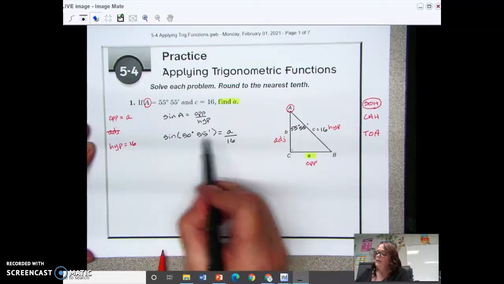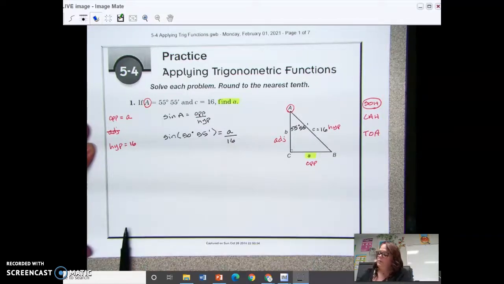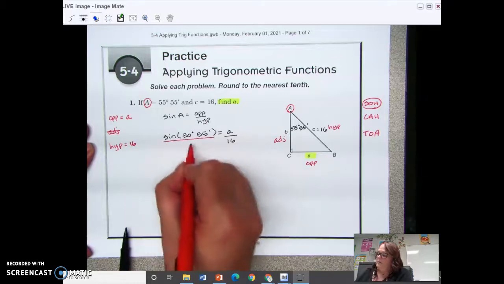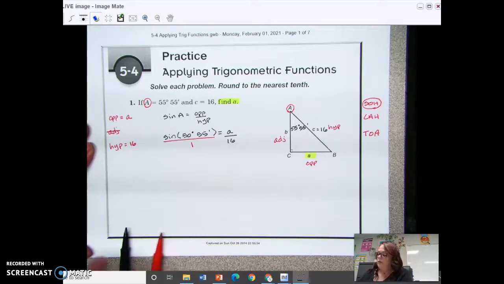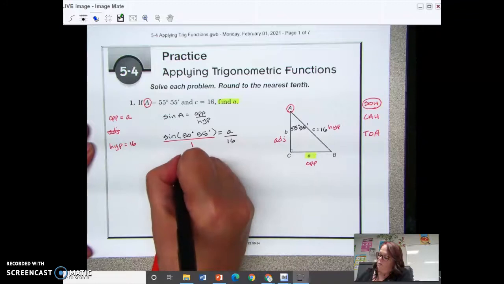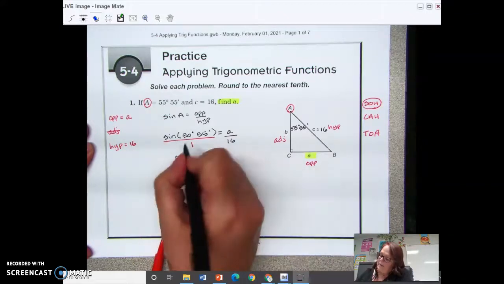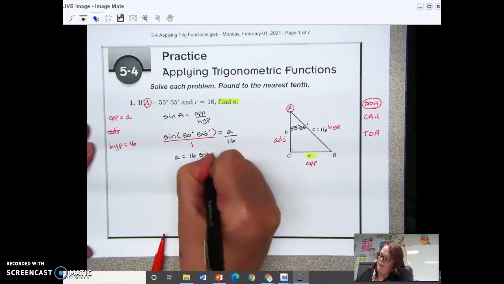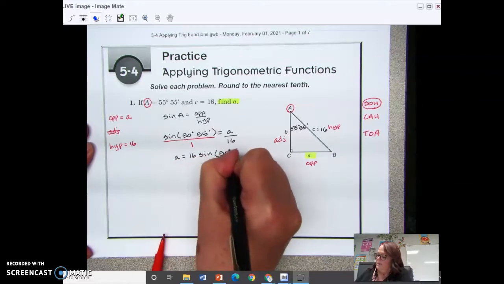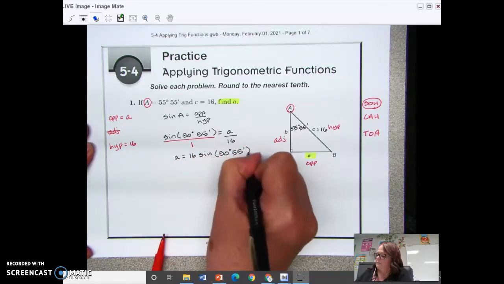So either you could recognize at this point that we could multiply both sides by 16, or we could put this over 1 and cross multiply. And when I do that, I get 1 times a is a. Then I have 16 times the sine of 55 degrees and 55 minutes.